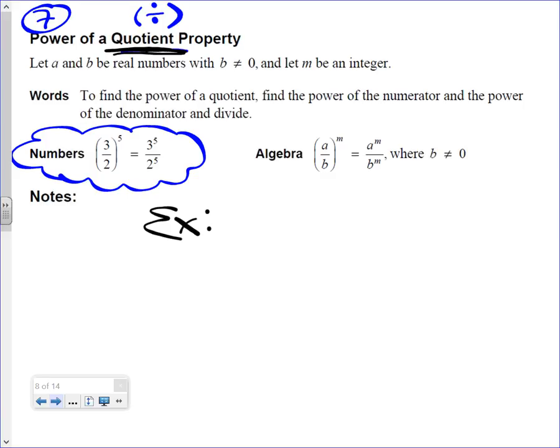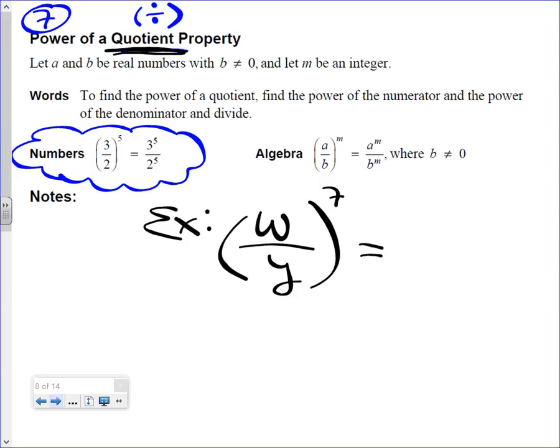Give another example. Write it with me. Here we go. How about w divided by y, all to the seventh power? W divided by y to the seventh power. Can someone apply the rule and give me what this becomes?